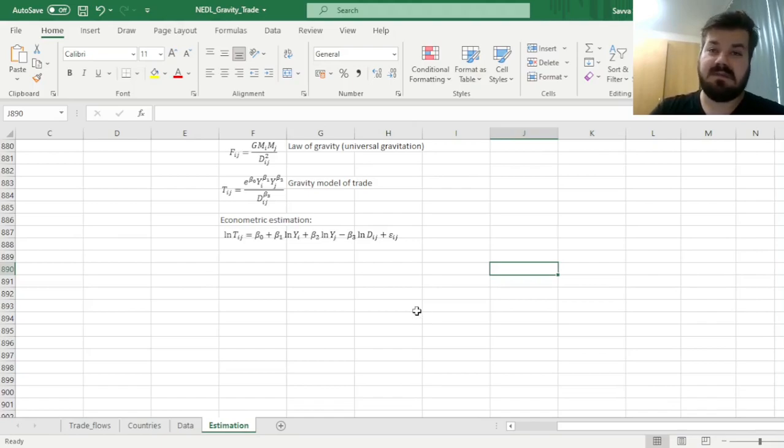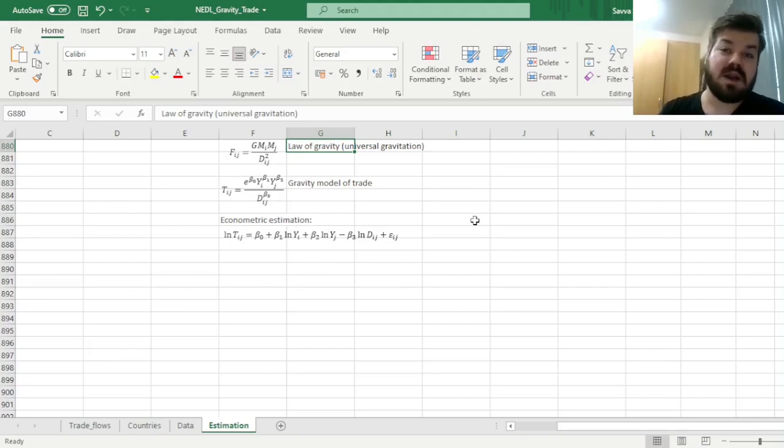at least since Isaac Newton, that there exists the law of universal gravitation, or law of gravity, which means that two objects that are massive, that have masses, are attracted to each other with some force.